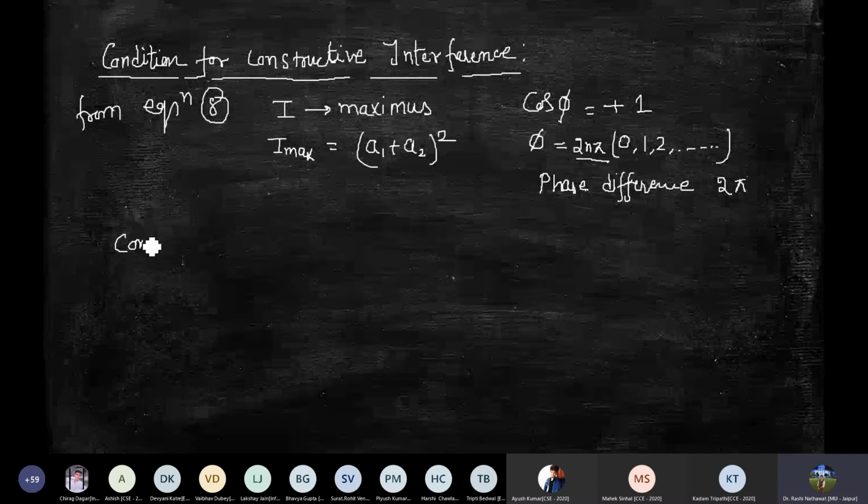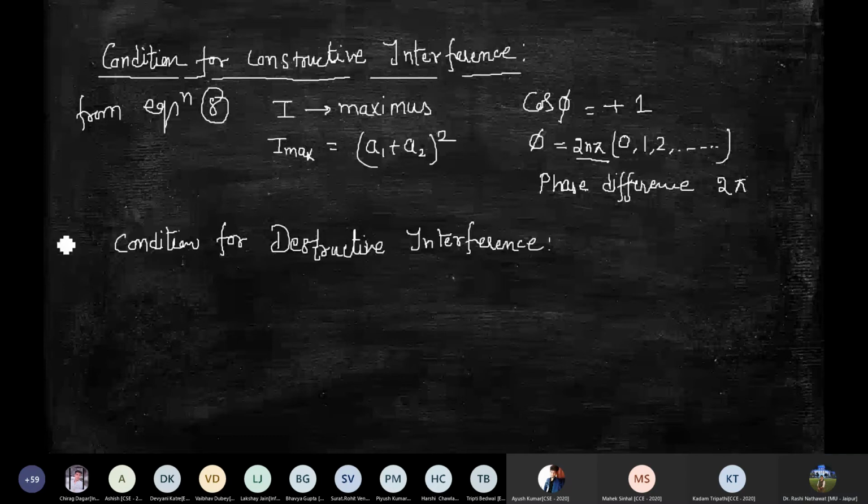Okay, now very simply I can write the condition for destructive interference. Here I should have I minimum, which should be 0, or maybe not 0 but minimum.